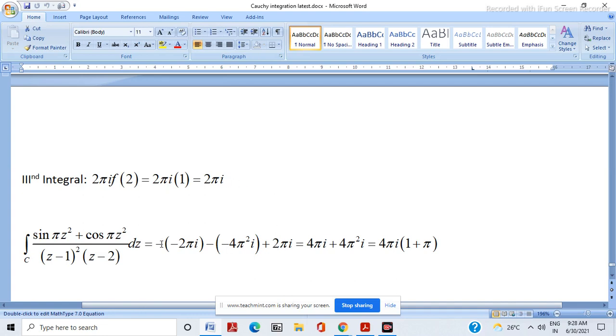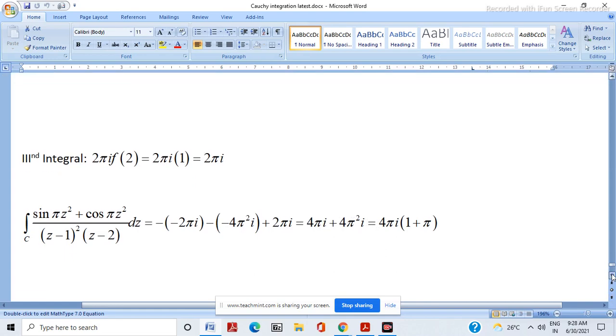Now add all the things. Here plus 2 pi i plus 2 pi i will become 4 pi i, minus minus plus 4 pi square i. Common term we can take outside. Which one is common? 4 pi i is common. Then 4 pi i common means here it is 1 plus pi.